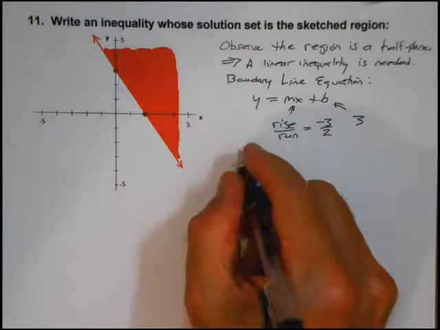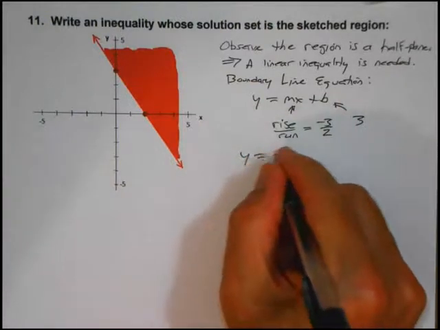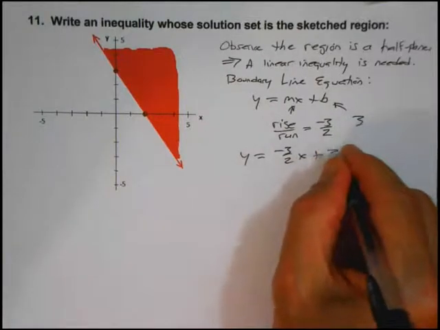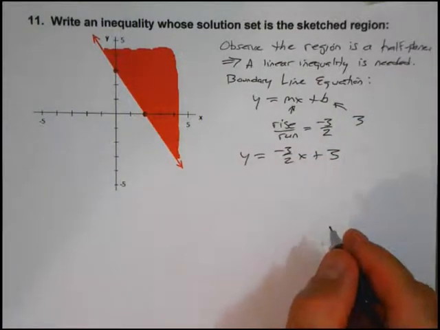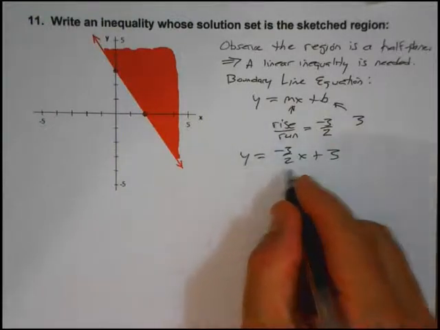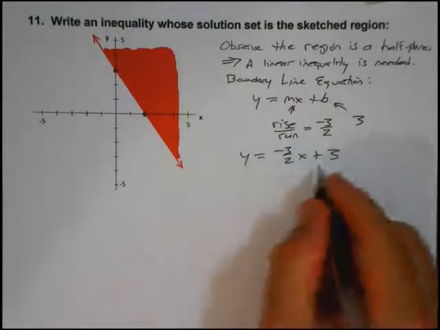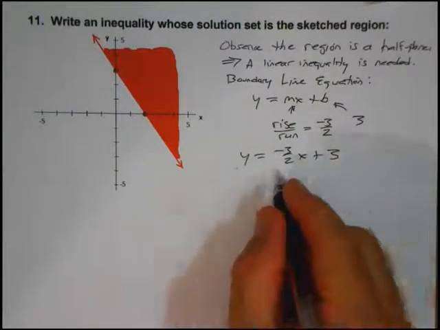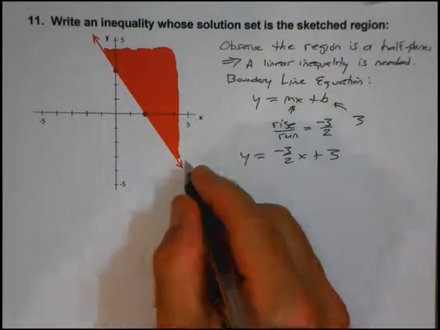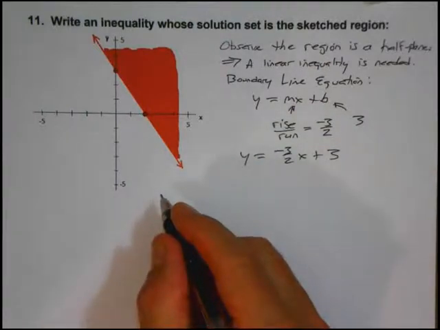Okay, so now we have our boundary line. It's y equals negative 3/2 x plus 3. Now, since we have our boundary line with y solved for, a y equals f of x formula, we can think in terms of, do we want above the line or below the line as solutions here?